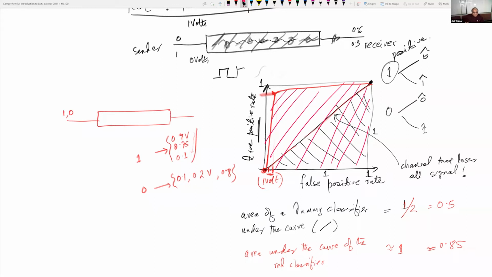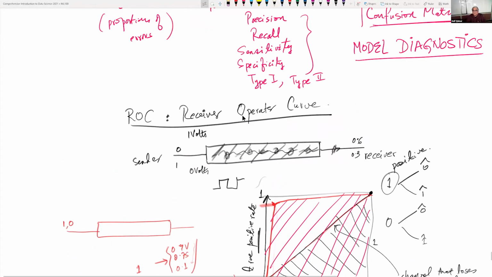So there is a term for this particular metric. I want to say the term is area under the ROC curve. Oh, by the way, now I remember, it is not curve. Receiver operator characteristic curve.